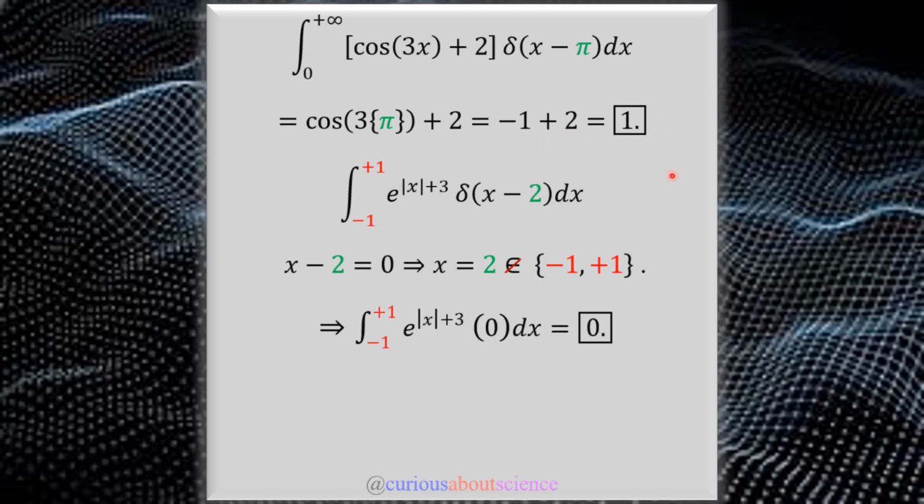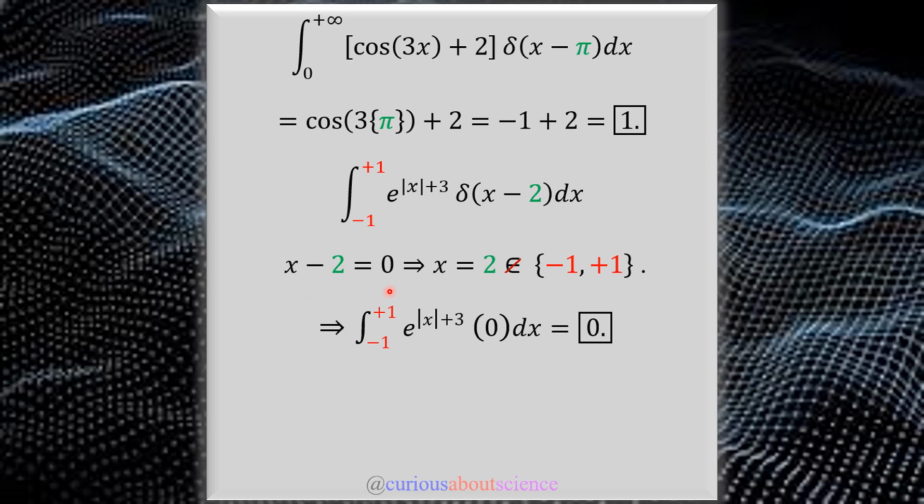Check, easy enough. The next one is 100% going to come up again in some form, and you're going to be upset with yourself if you do a bunch of work only to realize that the integral is 0. Notice that our bounds on the limit are +1 and -1, but our function is shifted to the right by an amount 2. So we see here that x minus 2 is equal to 0. That's where the delta function is centered.